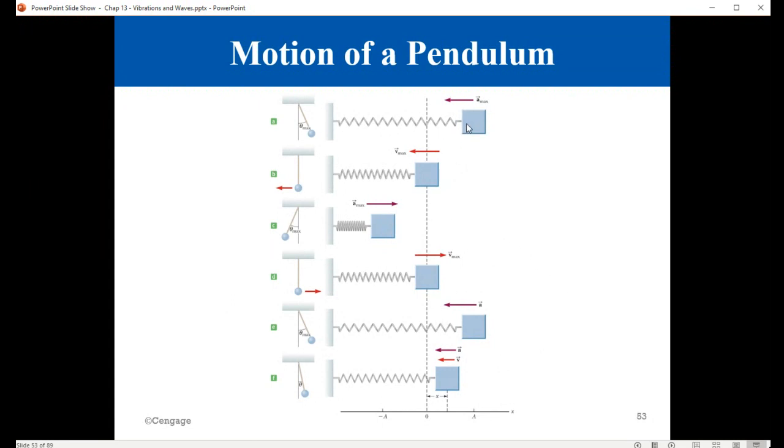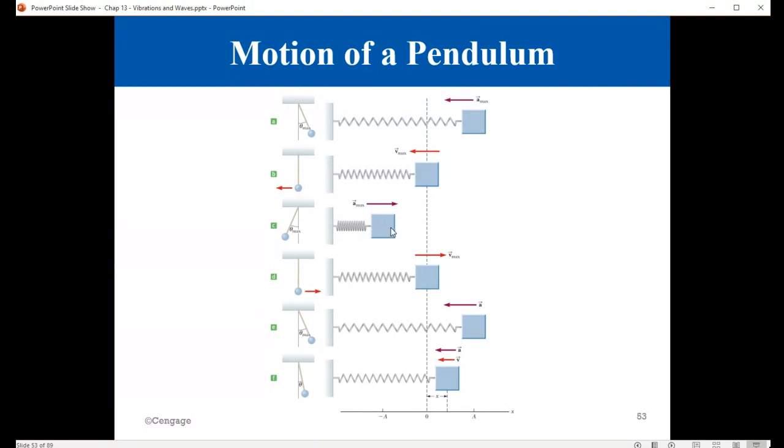You can see this similarity between the motion of the mass attached to the spring and the motion of the pendulum. Maximum amplitude corresponds to maximum amplitude. Then at x equals 0, v is maximum. Here also at x equals 0, v is maximum.